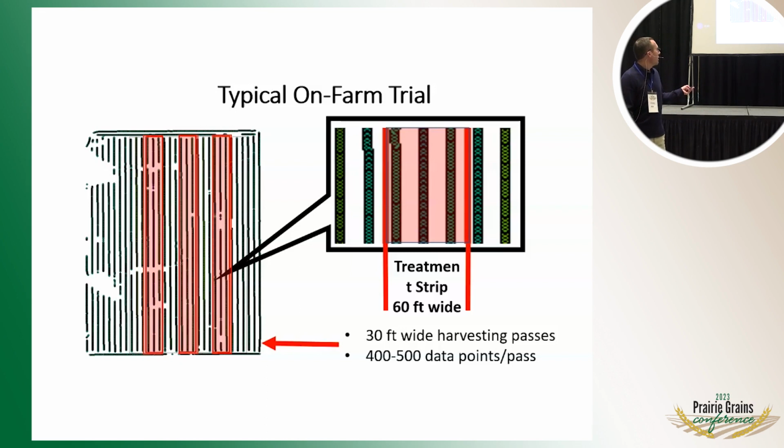These green ones are combine passes, so these are the yield monitor data. We typically only look at the middle combine pass, because the outside passes are pretty close to the edge, and the head might be overlapping into land that's not treated.